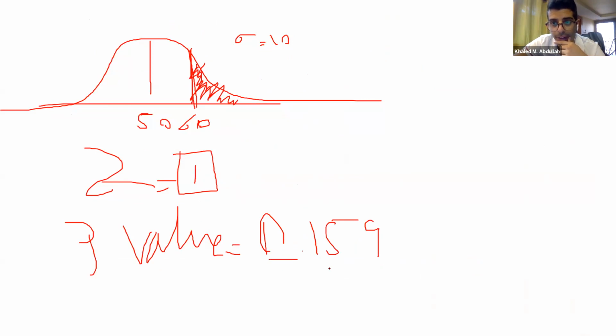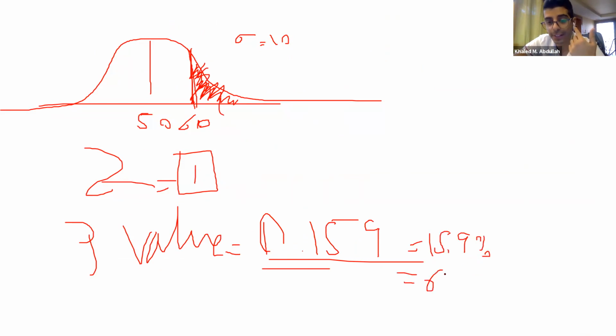Get it? It's telling me your chance of landing on this number or beyond that number is 0.159, which is 15.9%, which is very close to the value we got, which is 16%, right?